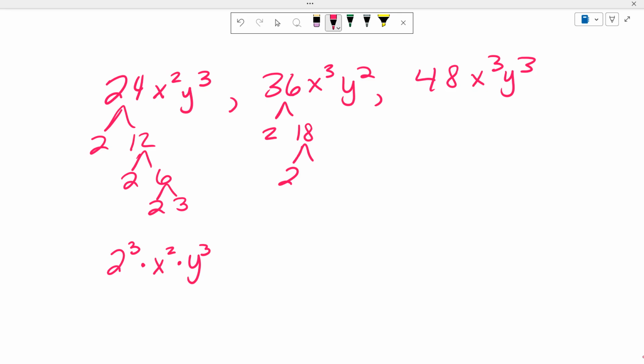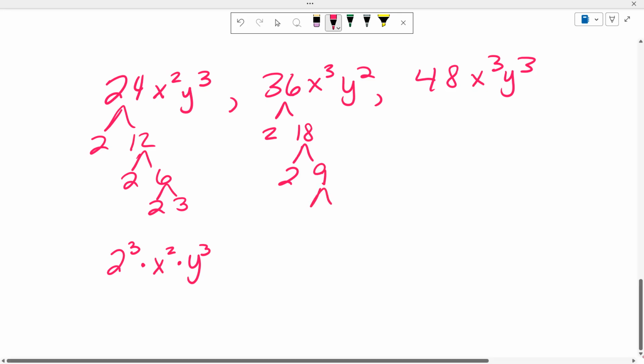Oh. Yeah, we're doing 18 here. 9. There we go. 9 is? Not 2 and anything. 3 and 3. So this is 2 squared times 3 squared times x cubed times y squared.